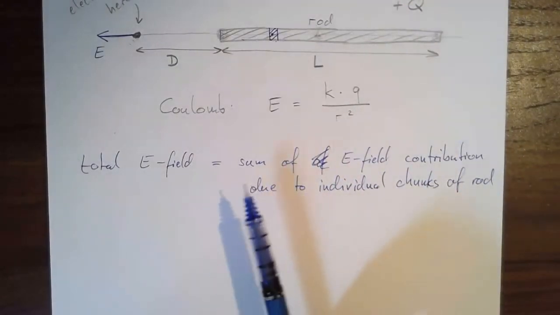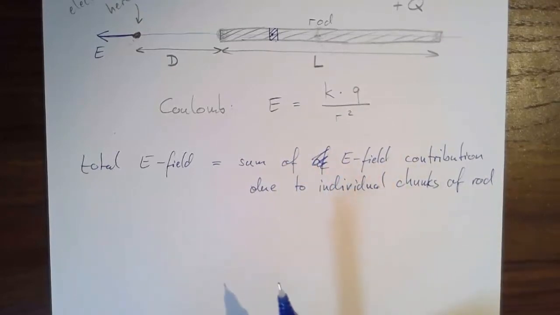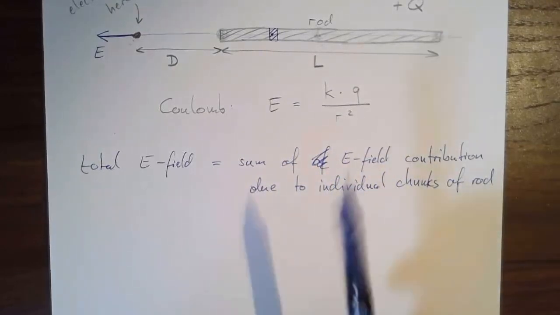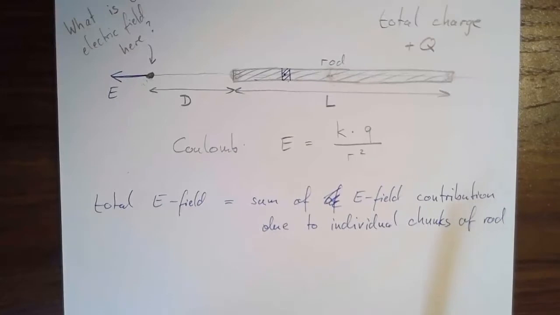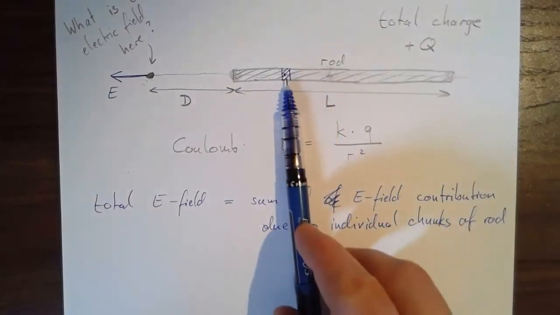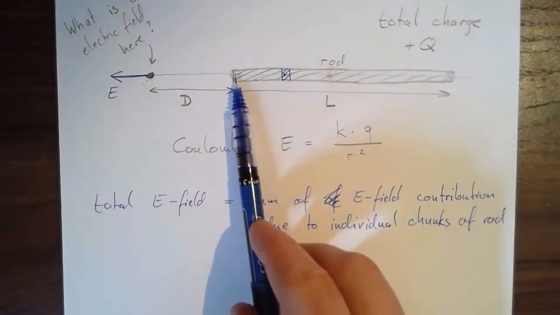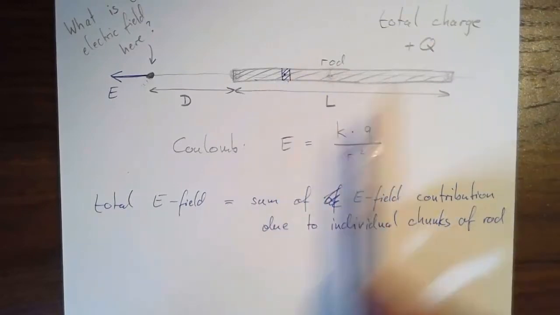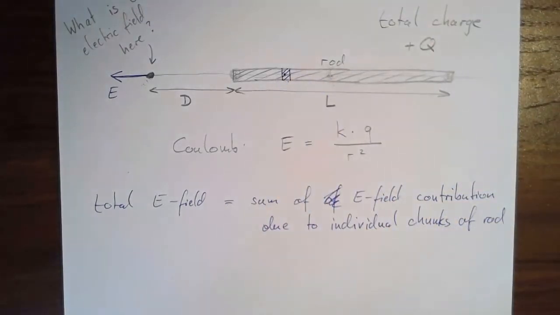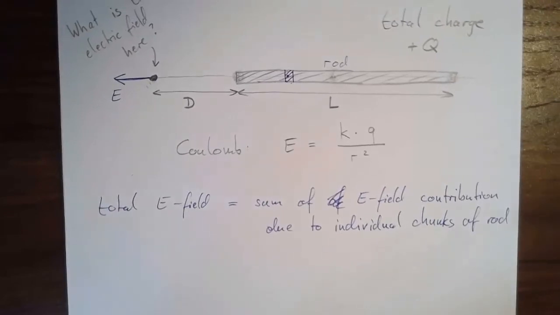So let's figure out then what is the E field contribution due to that individual chunk. It clearly depends on which chunk I take. I take the chunk right at this end, the one here, one further along. So we should be able to say where the chunk is. Let's put down a coordinate system. This is all along a line, so we only need one coordinate axis.